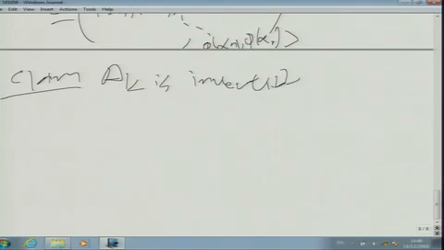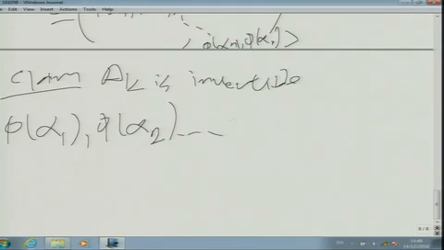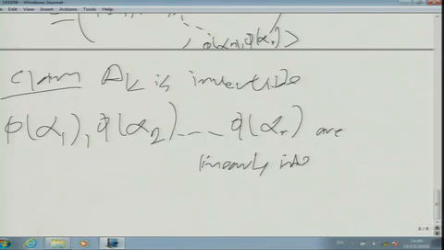And now it remains to show that the matrix A_K is invertible. And we claim that A_K is invertible, which is equivalent to proving that phi(alpha 1), phi(alpha 2) to phi(alpha n) are all linearly independent in the L2 space.